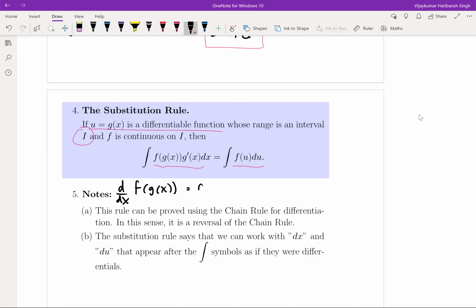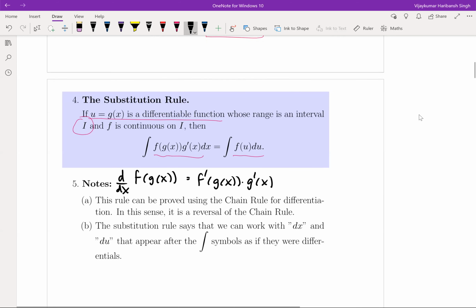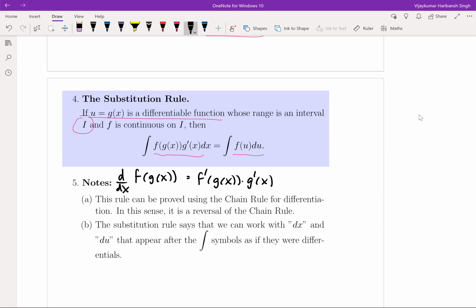You get f prime of g of x times g prime of x. So this is one way of looking at it. So therefore, the integral of f prime of g of x times g prime of x dx is going to be f of g of x.